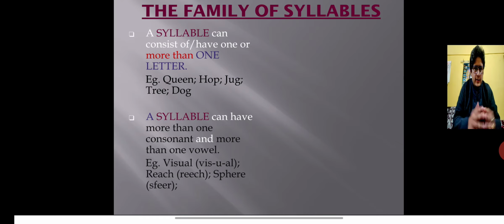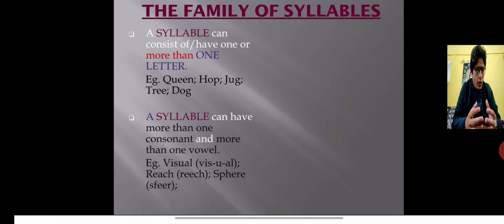All right. A syllable can consist of one or more than one letter, just like queen. If I say hop, I see one vowel in between. It's one vowel being sandwiched between two consonants. So it's no different. Next is jug. Next is tree. The other is dog.